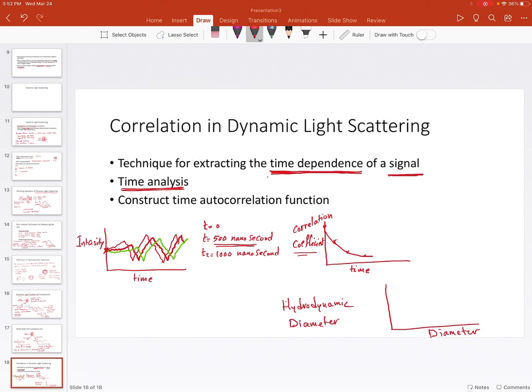And we get a graph, which is our final purpose, to measure the size distribution of particles. Here we have the hydrodynamic diameter, and here we have the intensity. The graph is going to be similar to this one. And here we can see what is the actual size of our particles and what is the size distribution of our sample.